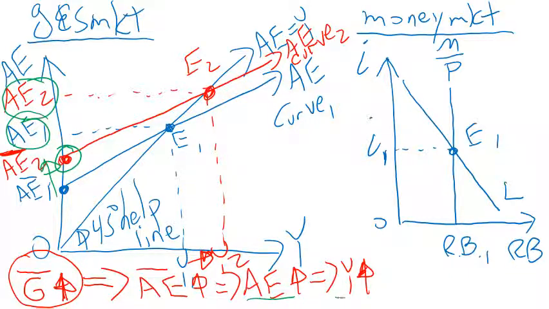And as you see, GDP also went up from Y1 to Y2. Okay, now let's turn our attention to the money market.